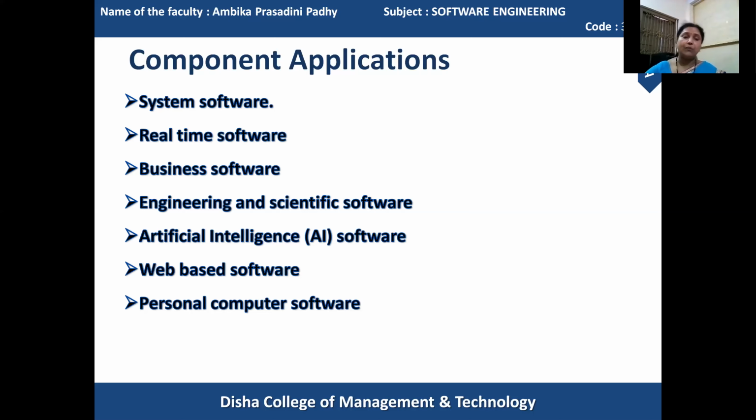We can go for robotic features here. Then web-based softwares. Web-based softwares are highly important in the field of internet and networking. In the networking field, we have many networking softwares to be used by us. We are sending information to different locations.